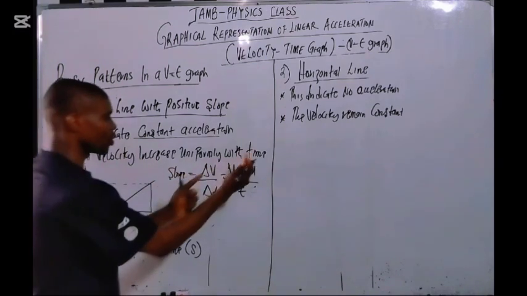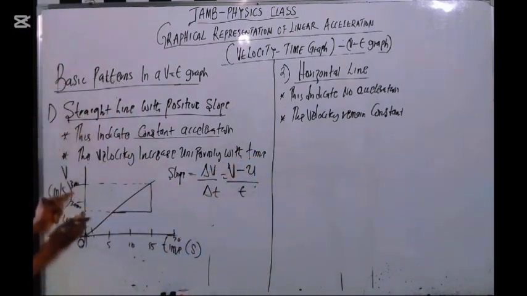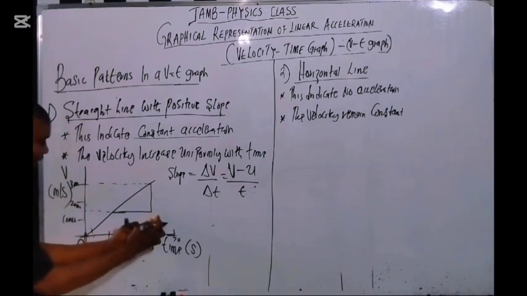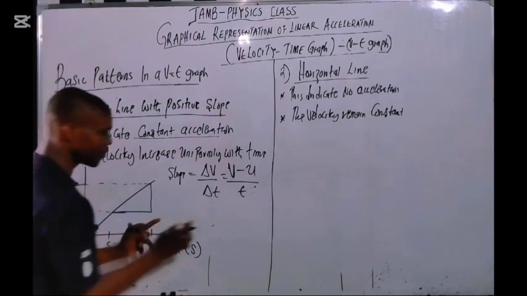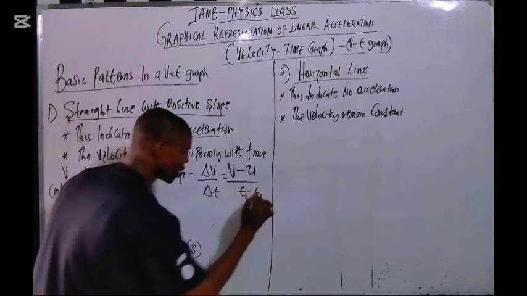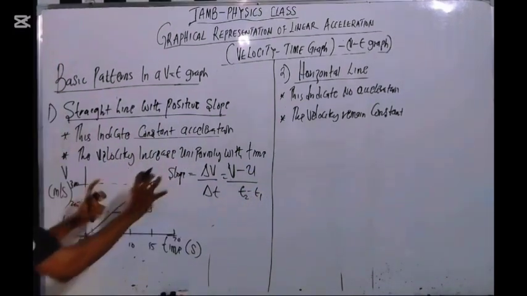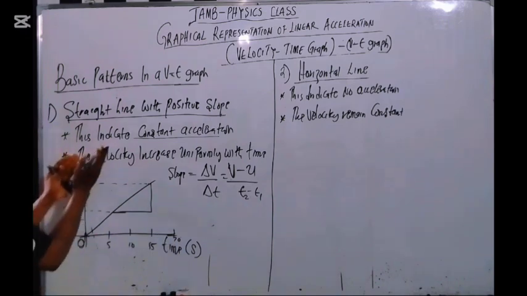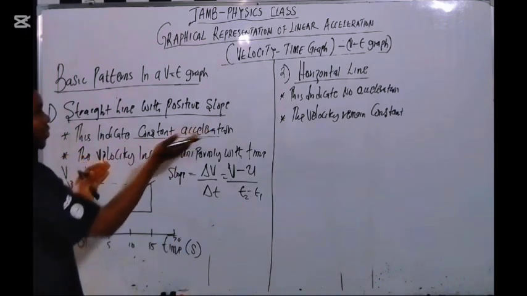So now there's a change in velocity, because I can say final minus initial, over final time minus initial time. So I can just say t2 minus t1. So there's a change in velocity here. Do you understand? That is why they say constant acceleration.